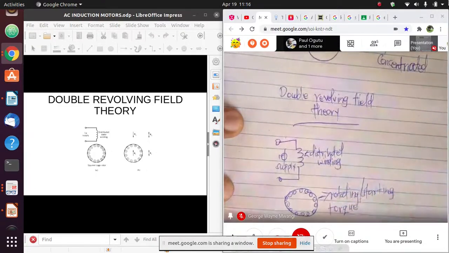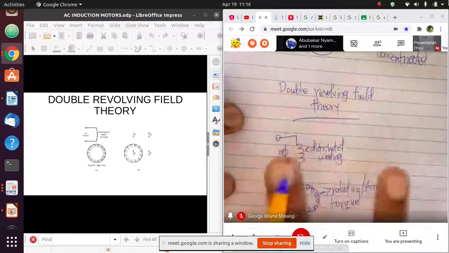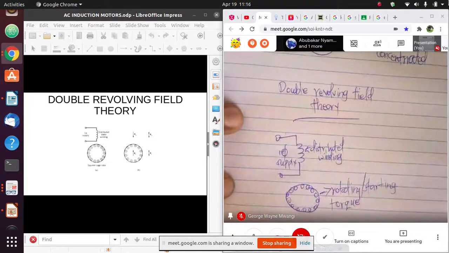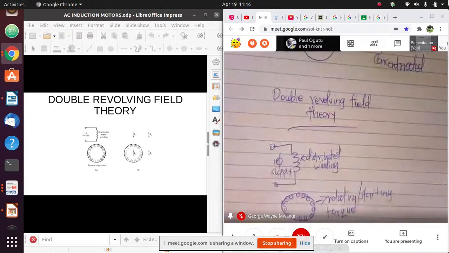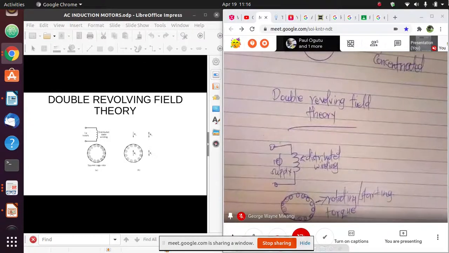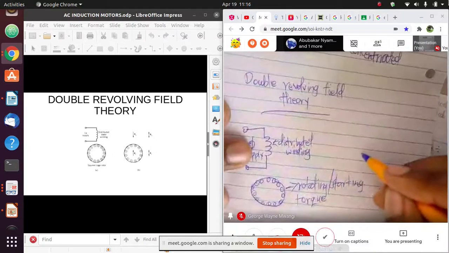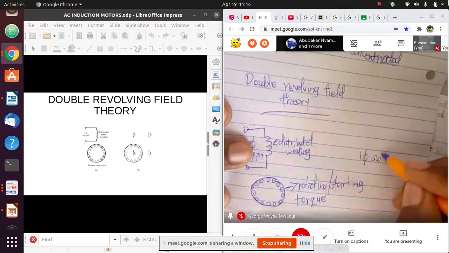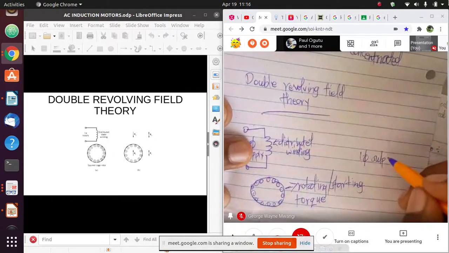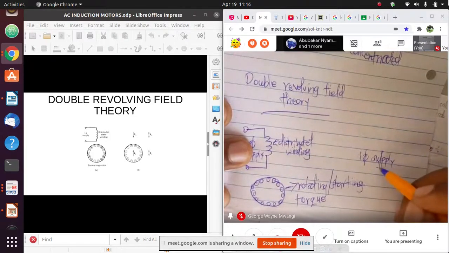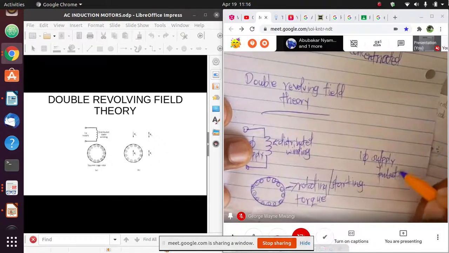Why doesn't that motor, the rotor, begin moving? This is because there's something that we will see. The magnetic field that is produced by a single phase supply is pulsating. We will see why the motor doesn't have any starting torque.